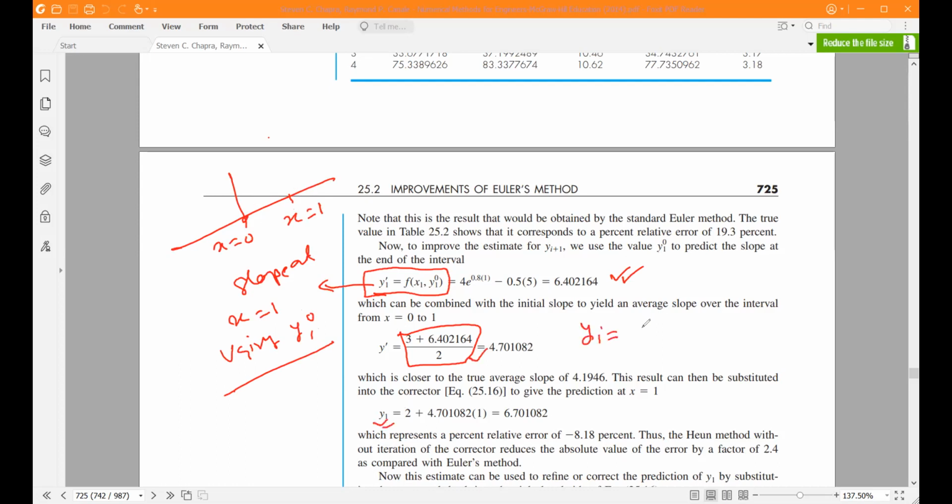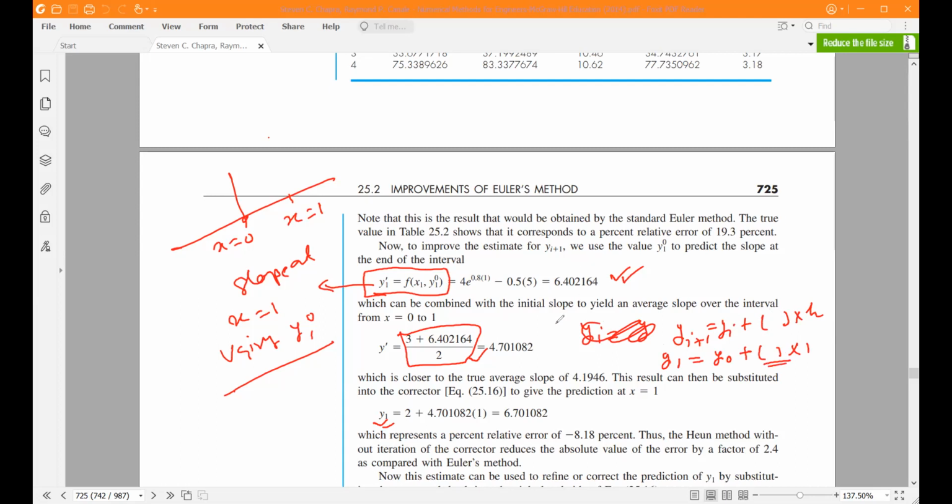The general expression is yi plus 1 equal to yi plus this average slope multiplied by h. In our case, as we are at the beginning, y1 would be equal to y0 plus average slope multiplied by 1.